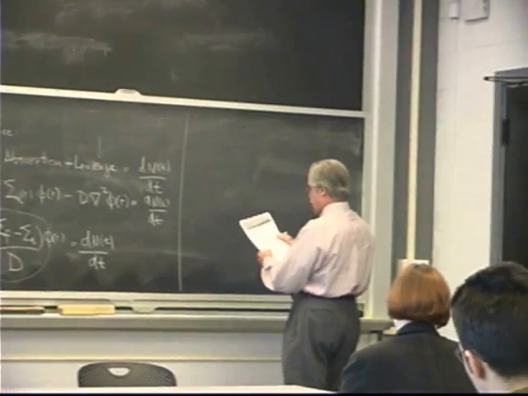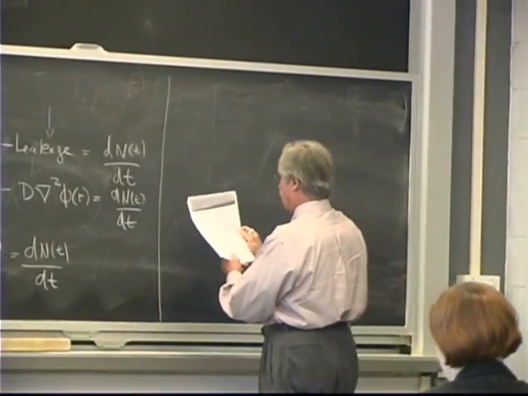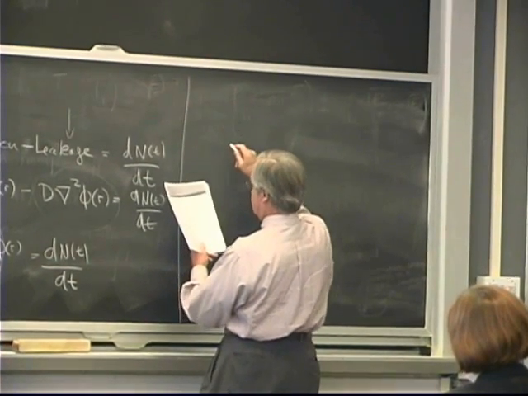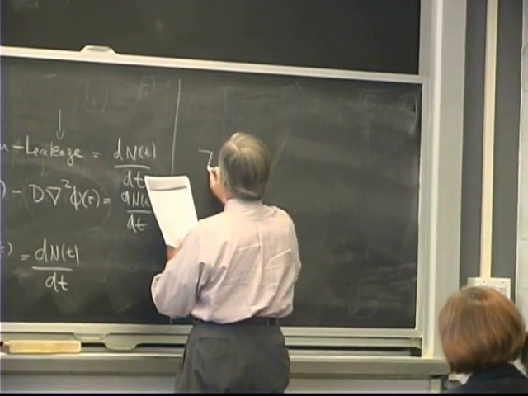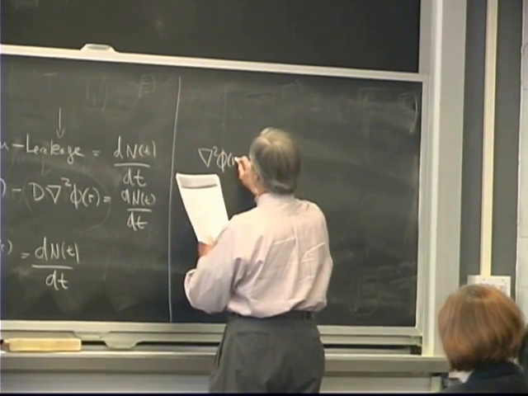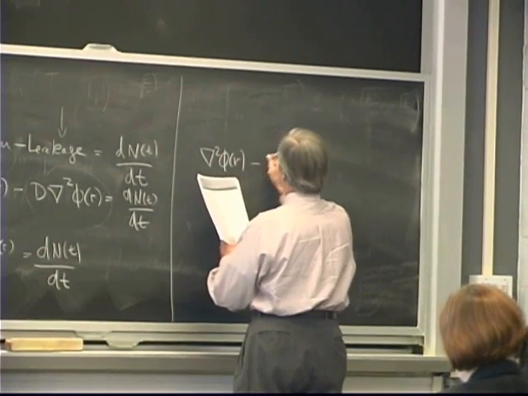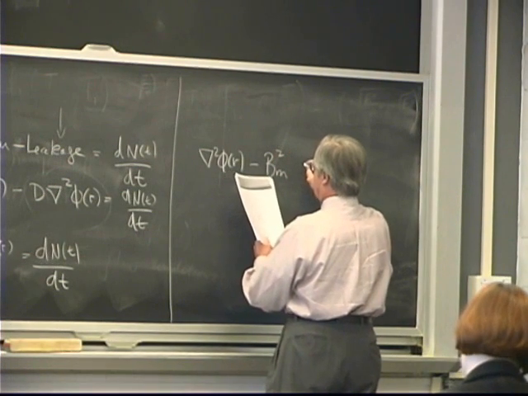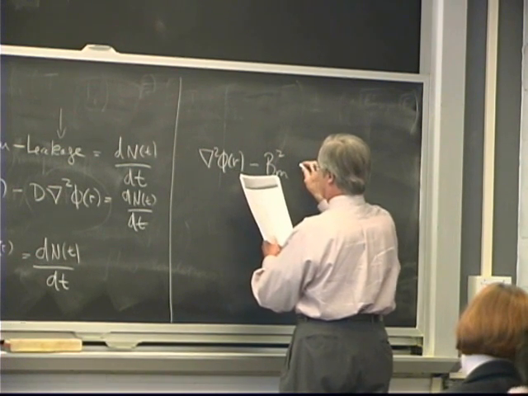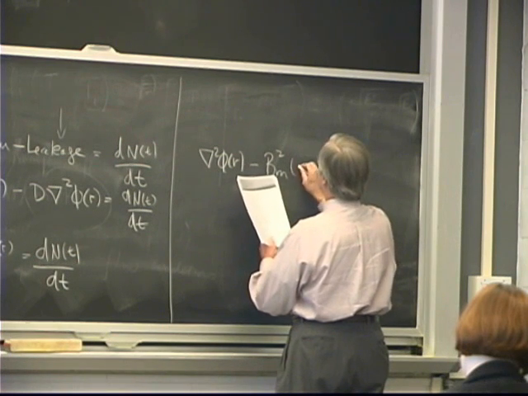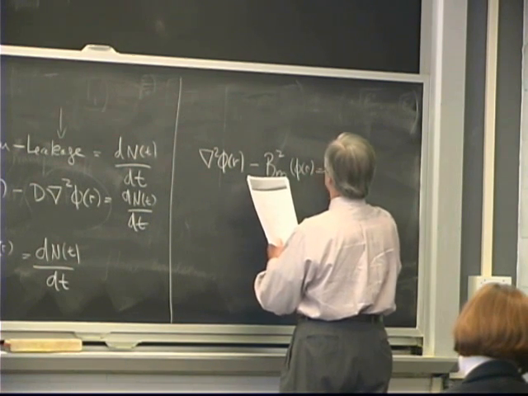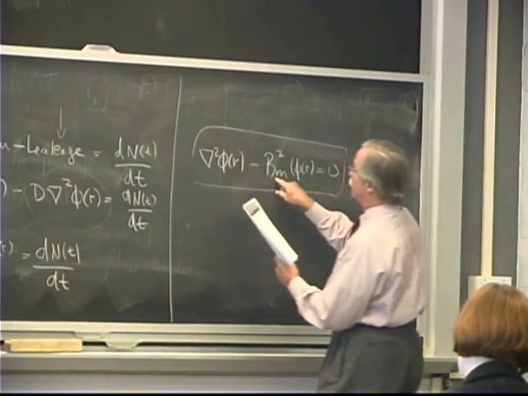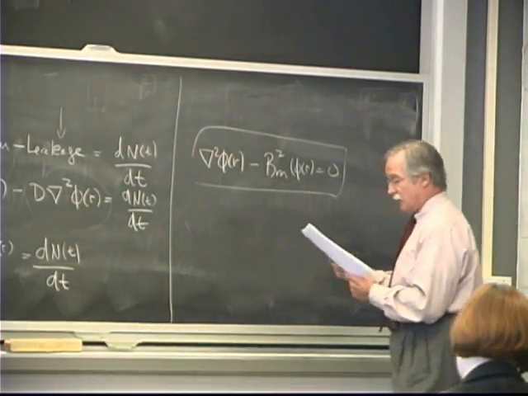If we write the term like this, del squared minus material buckling squared, for a critical system. This is where we developed this term of material buckling as a ratio of the two fluxes.